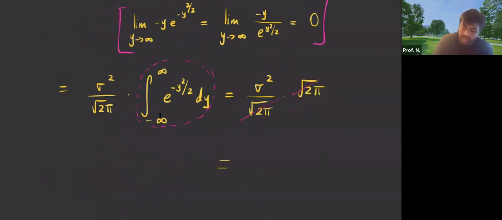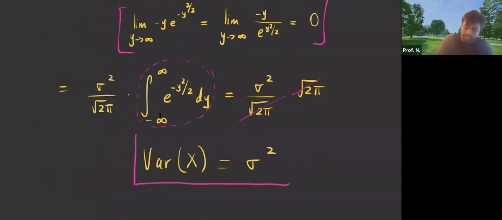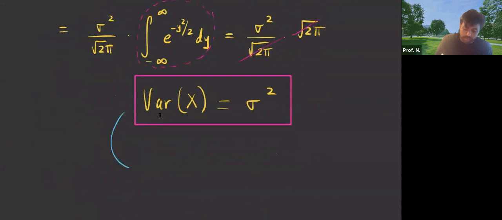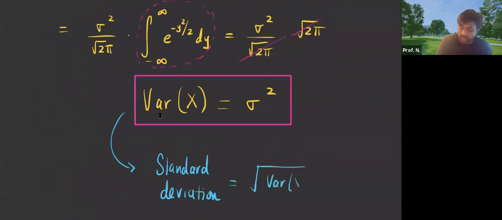And guess what happens? I get sigma squared being the variance of x. Which is consistent, because when we talk about standard deviation, what's the standard deviation? Standard deviation is the square root of the variance of x.